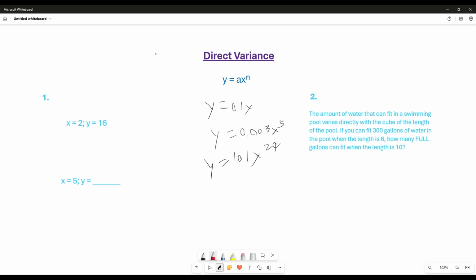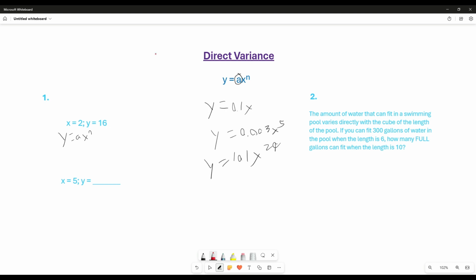So most of the time what you're going to be doing with these types of equations is solving for a and then applying the equation that you find to another thing. So, for example, example equation number 1. Assuming that these two variables vary directly, rewrite the equation y equals ax to the n.